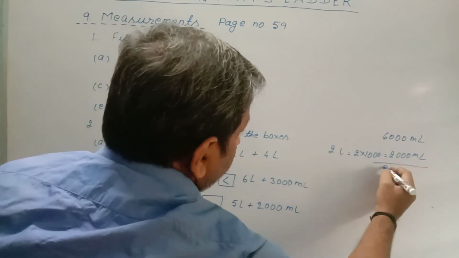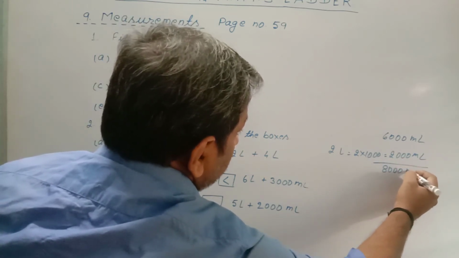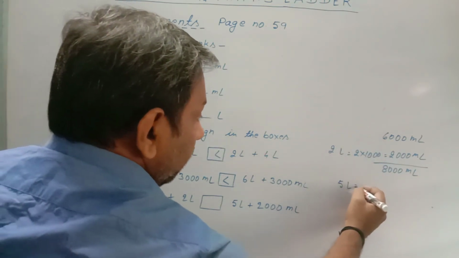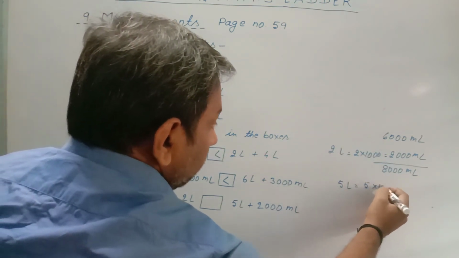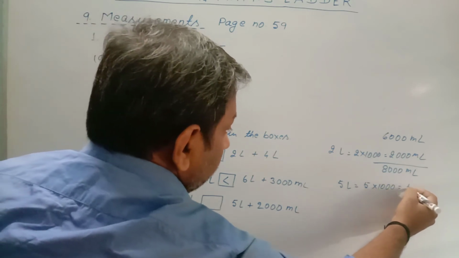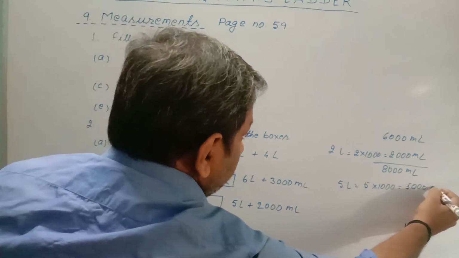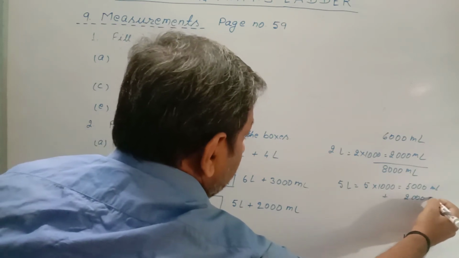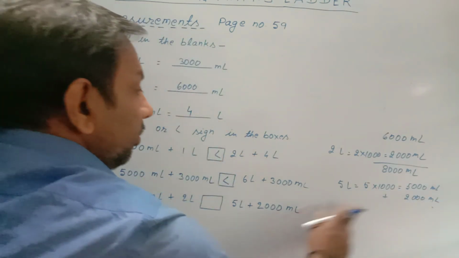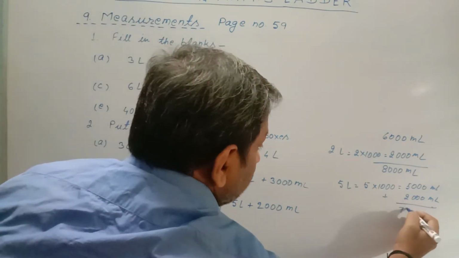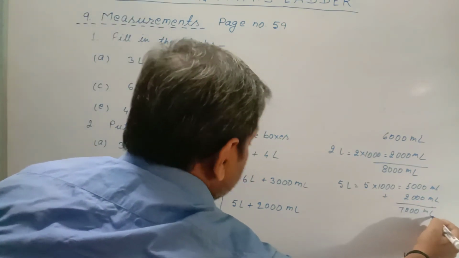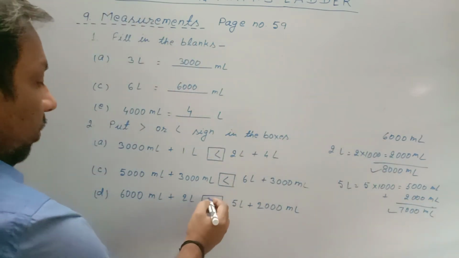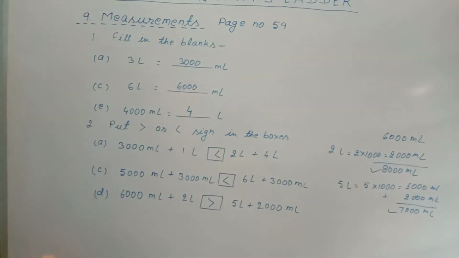We'll add these two, it became 8000 milliliter. And this side 5 liter, that is equal to 5 into 1000 equal to 5000 milliliter plus 2000 milliliter. We'll add these two, we got 7000 milliliter. So 8000 milliliter is greater than 7000 milliliter. Therefore here we'll fill this sign.